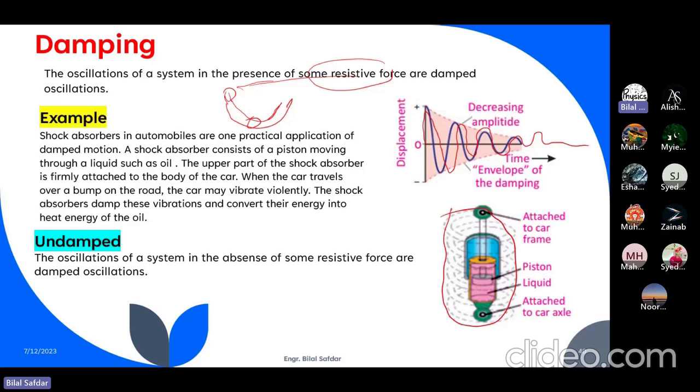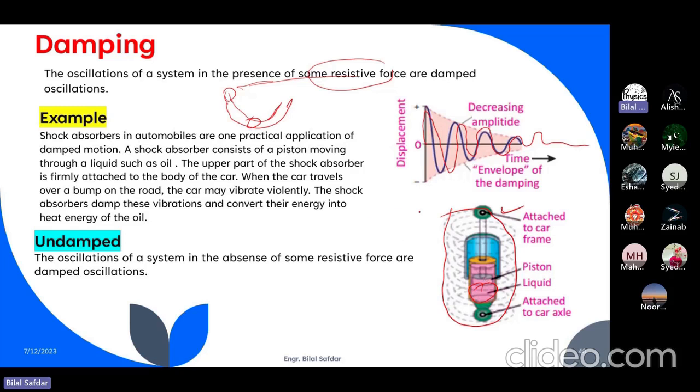How is it important? In a shock absorber, the shocks are present here, looking like a piston. It has a liquid present here. If we have a jump or a ditch, the car would keep jumping continuously for some time.